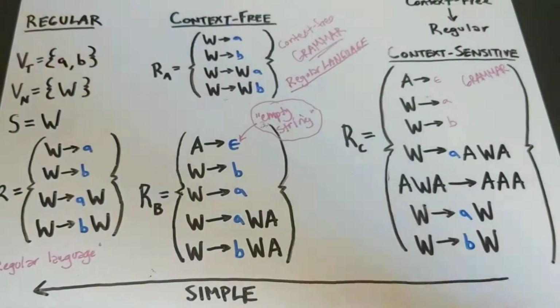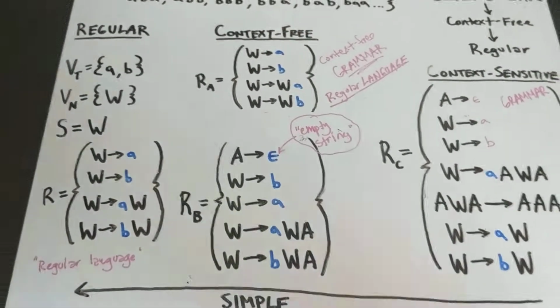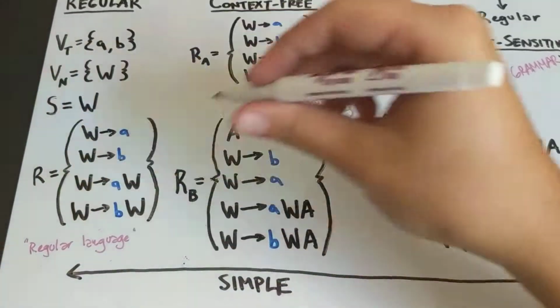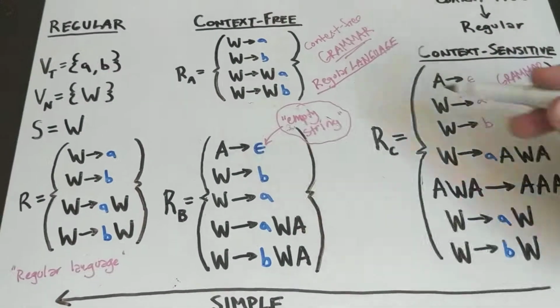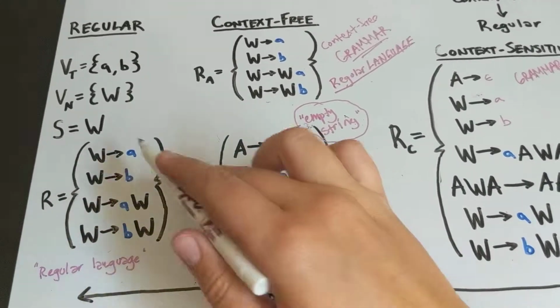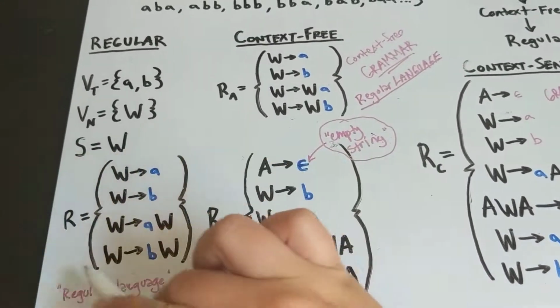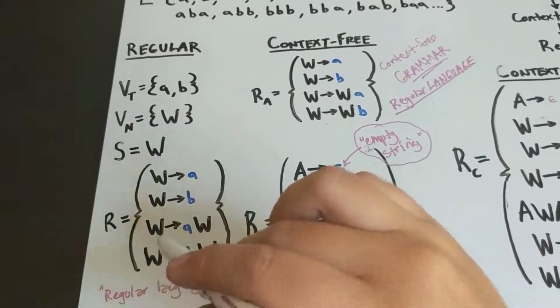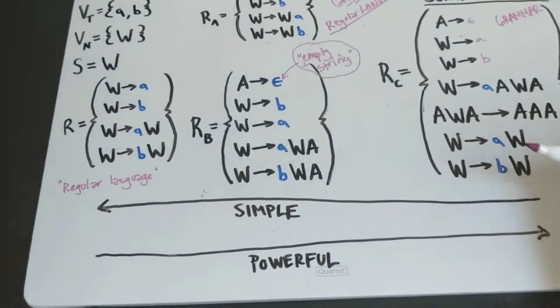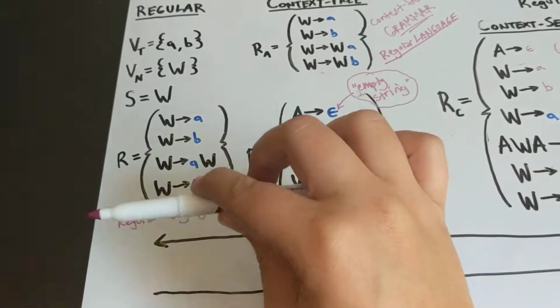Now notice that we have chosen to call this a regular language, even if it's described using a context-sensitive grammar, because the regular language is the simplest way to describe it. This will require the least complicated set of rules, and so we call this a regular language. So simpler rules are in this direction.